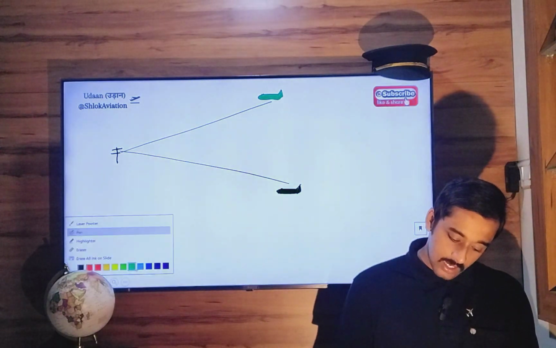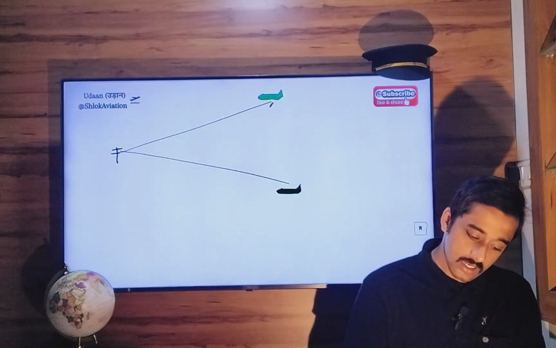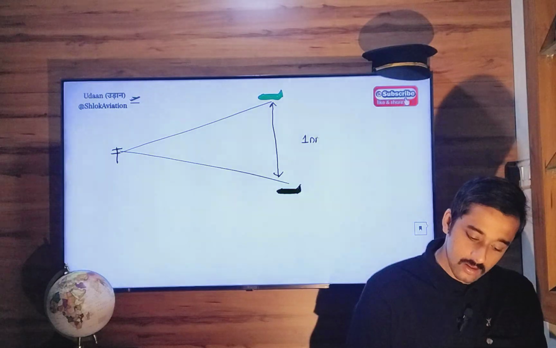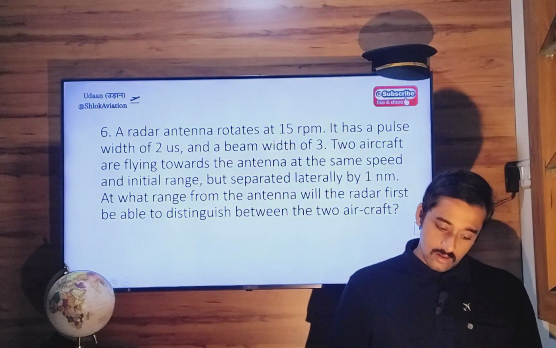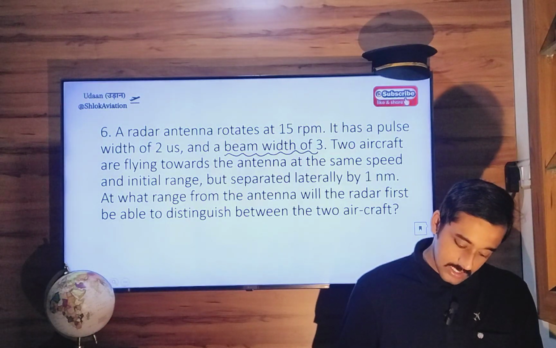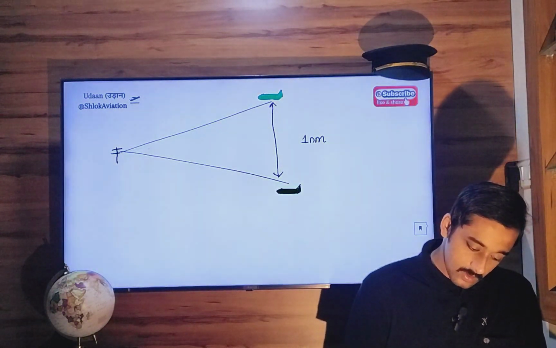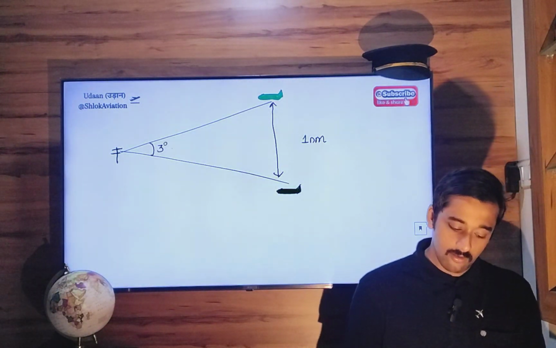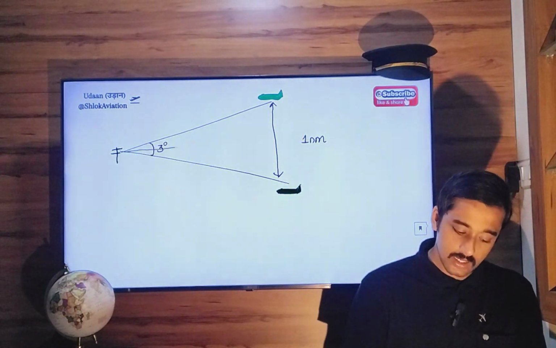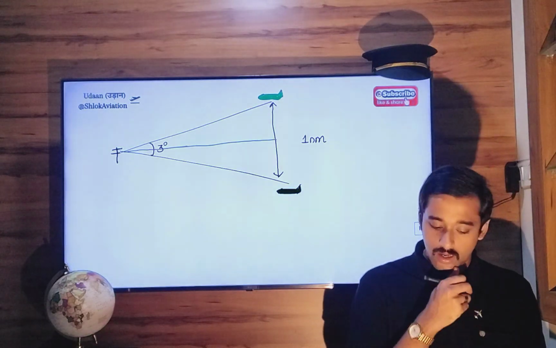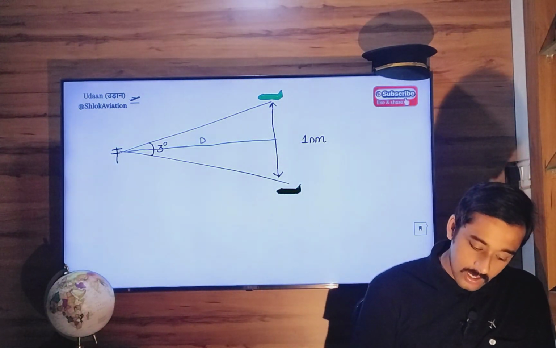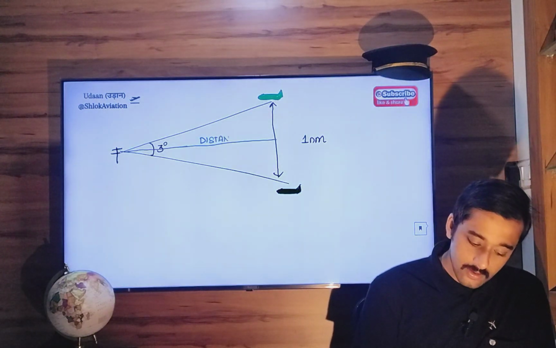Next, these aircraft are separated by 1 nautical mile. Beam width is 3 degrees. Now we have to find the distance from the transmitter to the aircraft, so this horizontal distance is what we have to find.